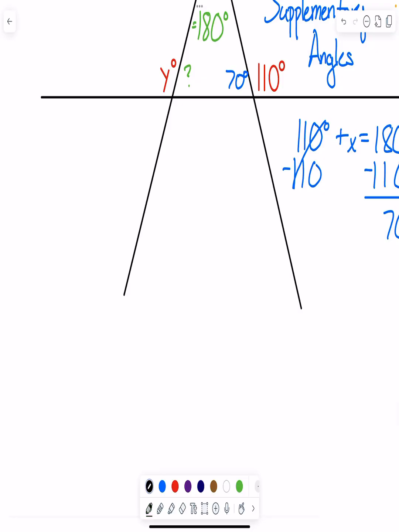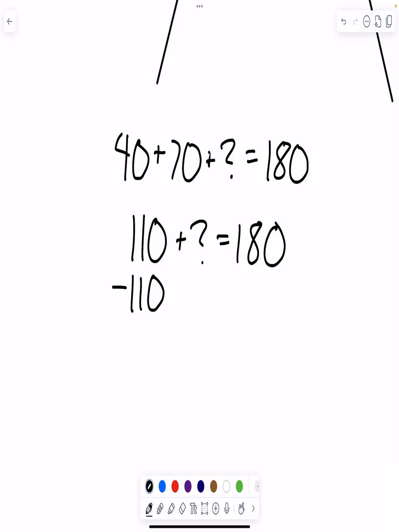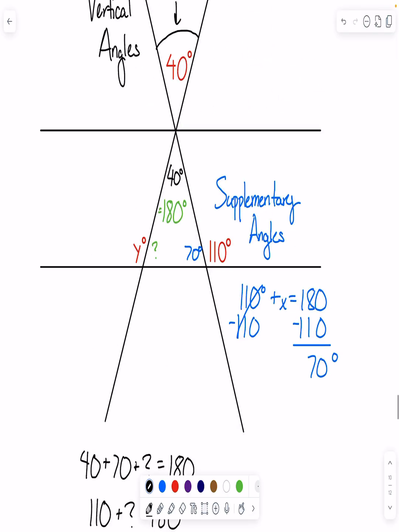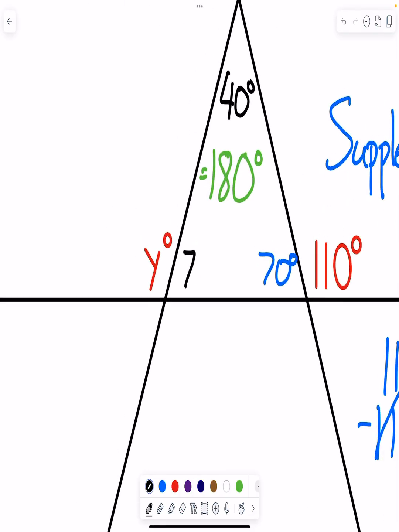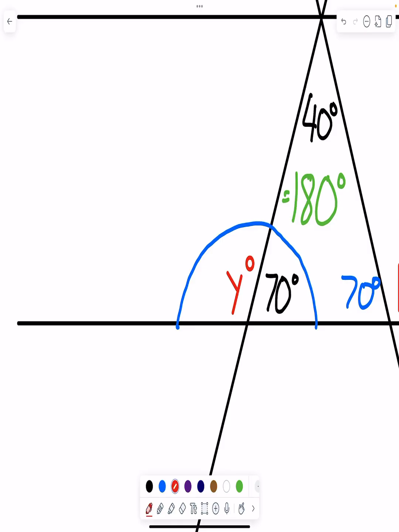If I do 40 plus 70 plus something, that should give me 180. 40 plus 70 is 110. Plus something gives me 180. Subtract 110 again. And I should have 70. So this right here is 70. Again, there's another supplementary angle pair that forms here. And so y is equal to 110 degrees.